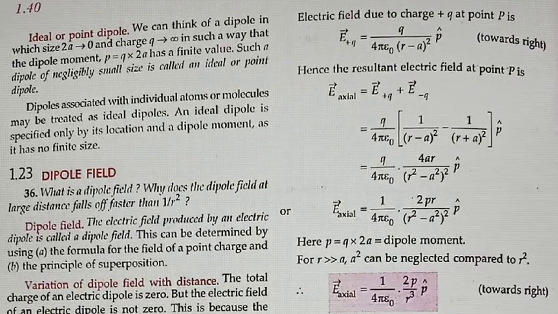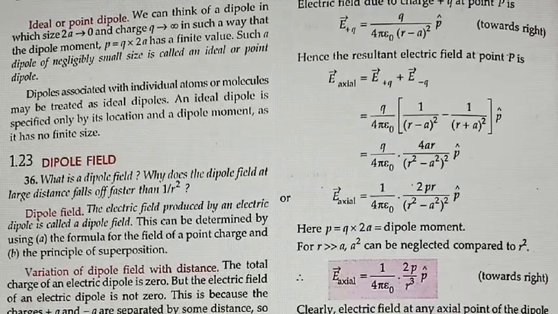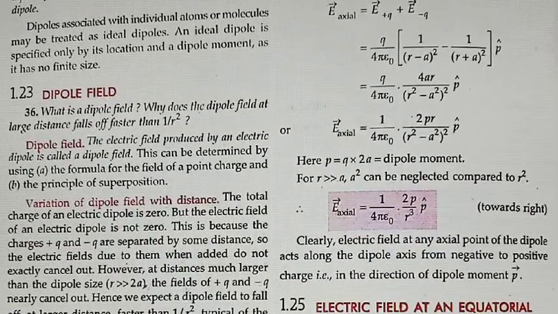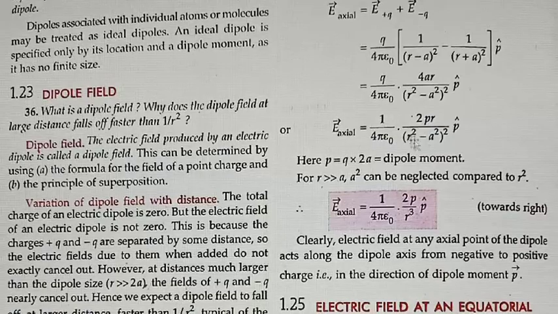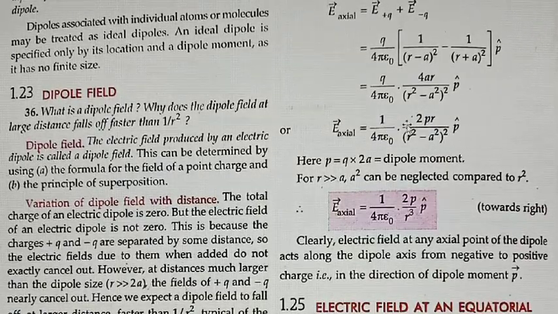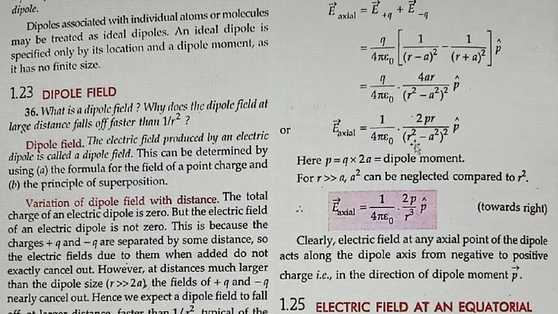It's a vector addition. So you can get the result as E axial is equal to 2pr by 4 pi epsilon naught (r square minus a square) whole square p cap. So you can introduce dipole moment here.